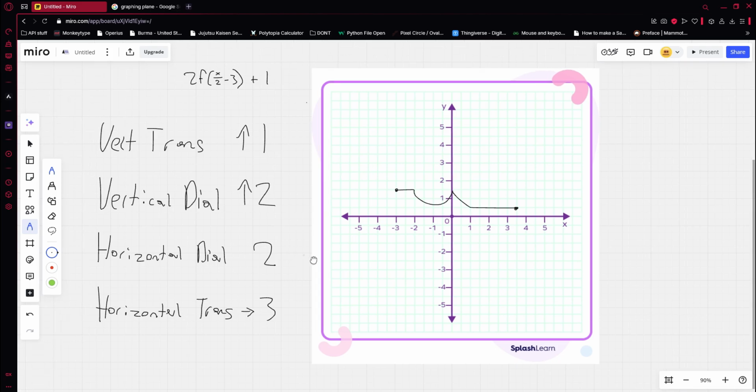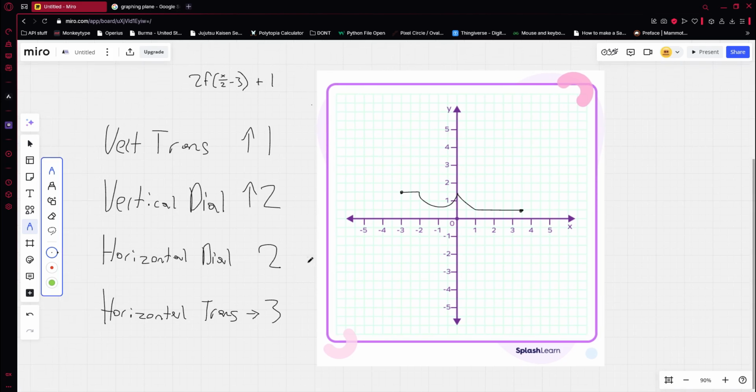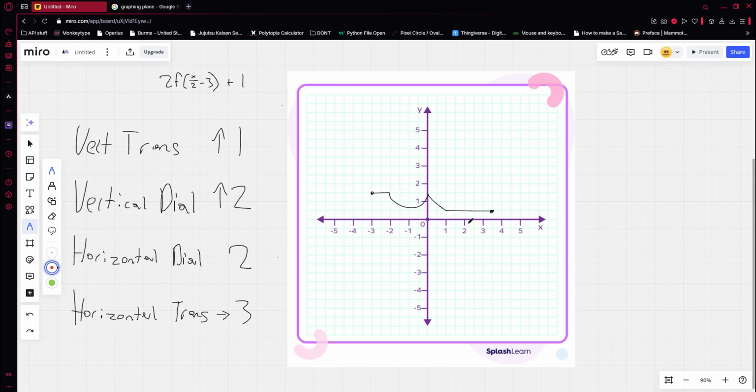So, in practice, what does this look like? Well, there's a specific order we have to put these translations and dilations in. Let's start inside our parentheses. We'll always start with dilations. Dilations are always first. So let's do our horizontal dilation first, factor of 2.